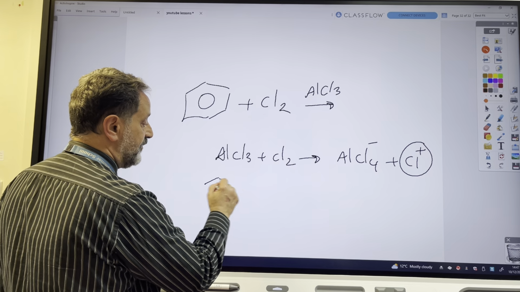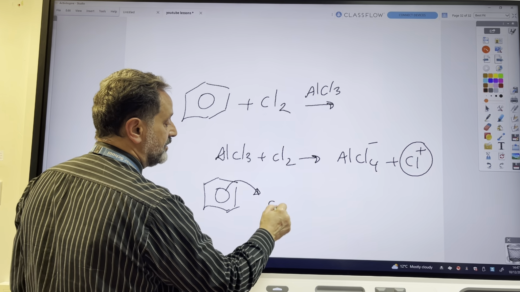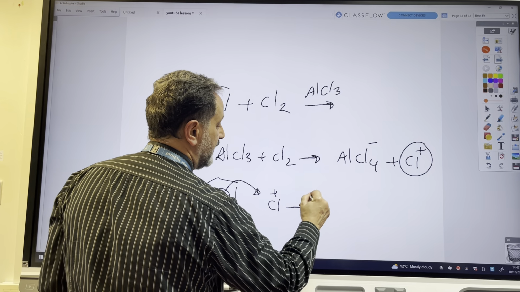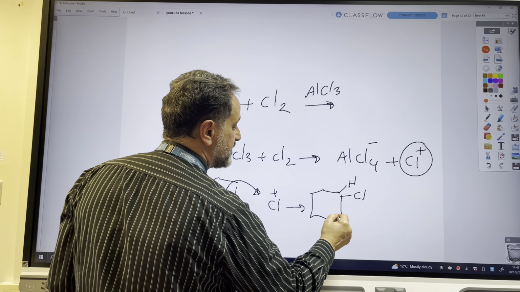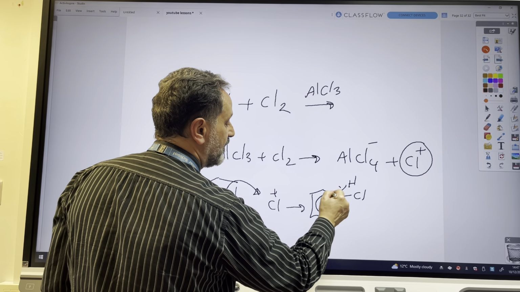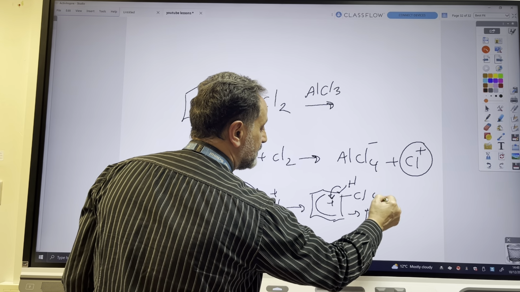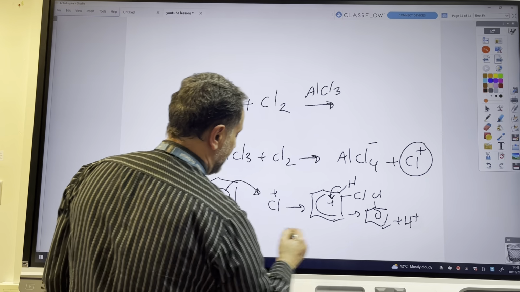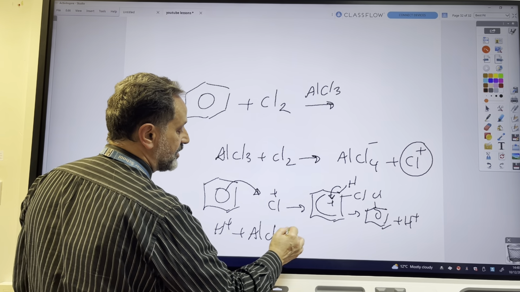So you have that attacking, in this case chlorine, and then it produces the intermediate. Do you see the similarity? Then hydrogen comes off, and you produce chlorobenzene plus H+, and then H+ goes and reacts with AlCl4-.